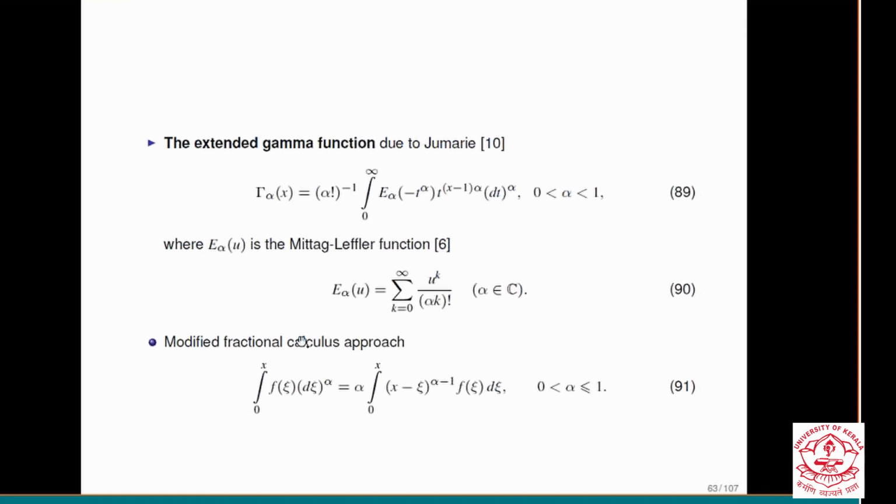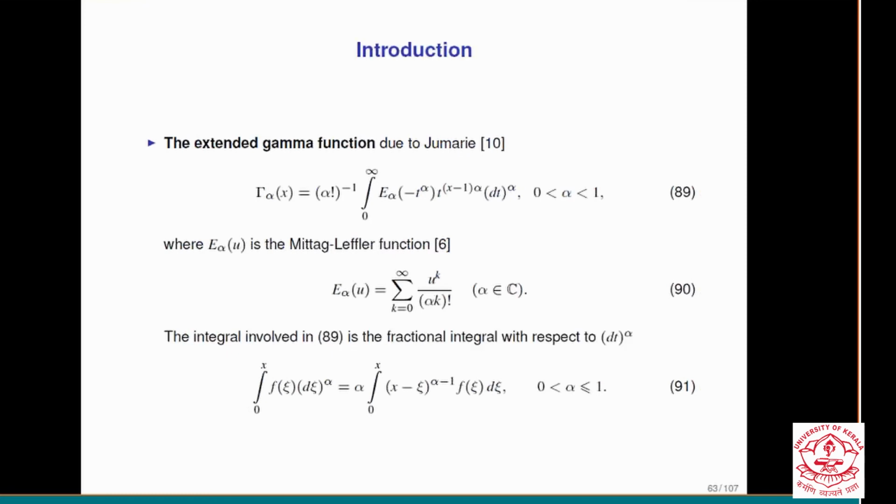So the extended gamma function is given by Jumarie as 89. Here they use the concept of the Mittag-Leffler function. This is 90 and involves the fractional integral with respect to this. So basically these results, in some groups of mathematicians, some agree and some do not agree about this result.